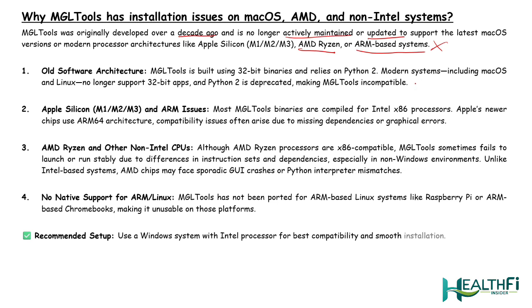AutoDock Tools uses a very old architecture: it is designed for 32-bit and built around Python 2, while modern systems like Mac or Linux are 64-bit and have moved to Python 3.